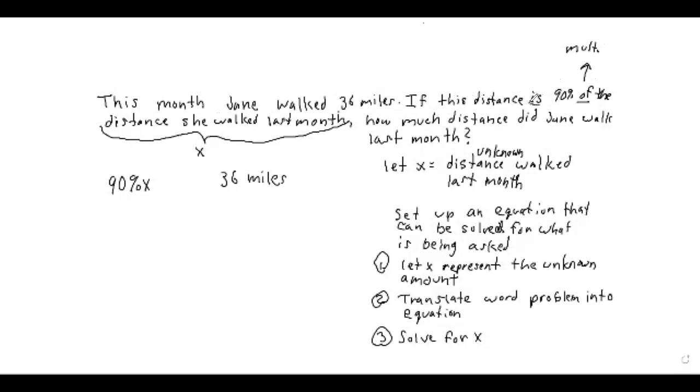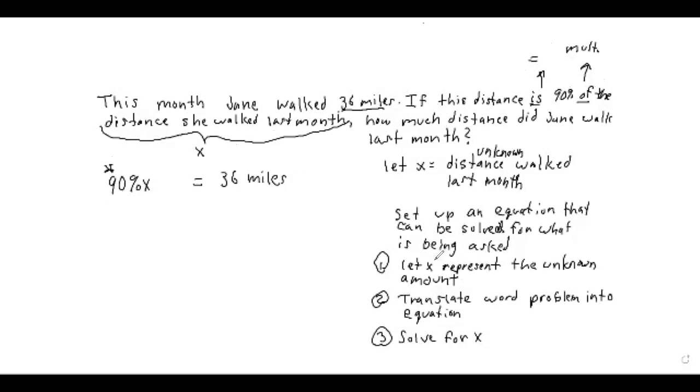So now we have "is." "Is" always translates to equals. So we have 36 miles, we're going to write that down, equals 90% times x. And that is our equation.